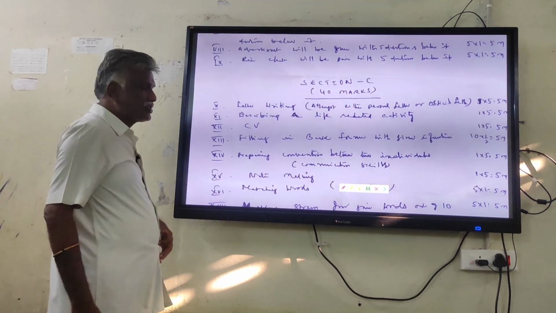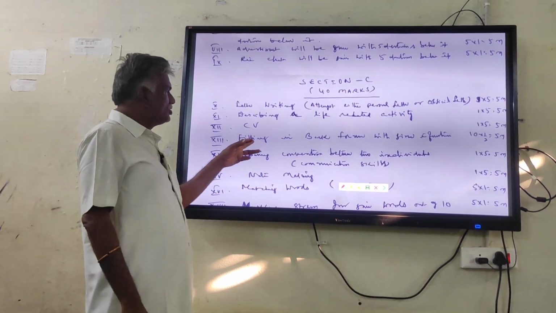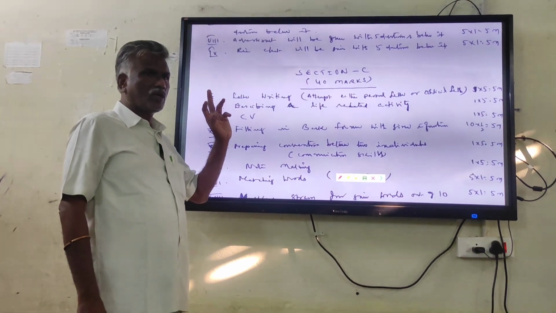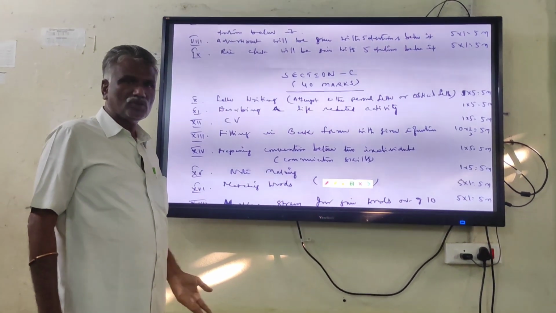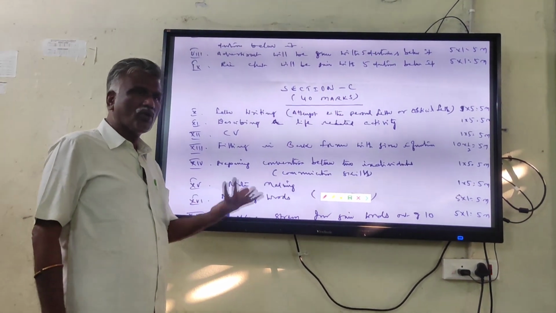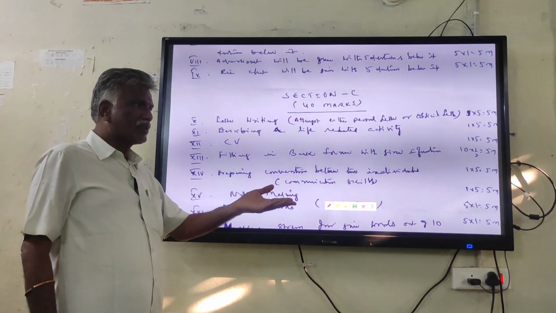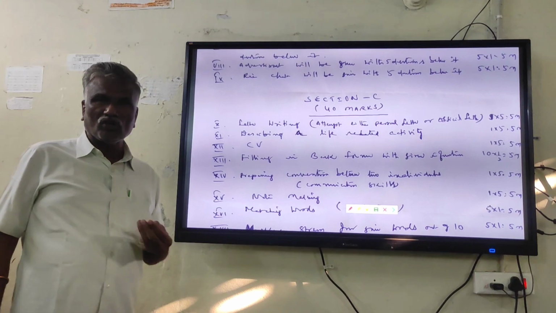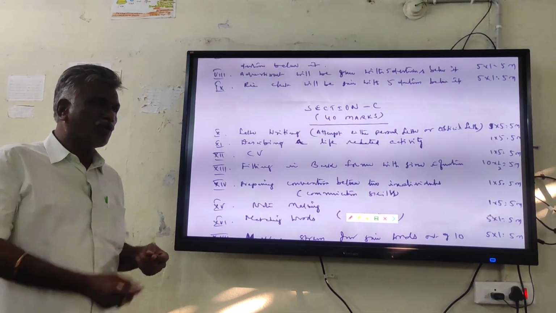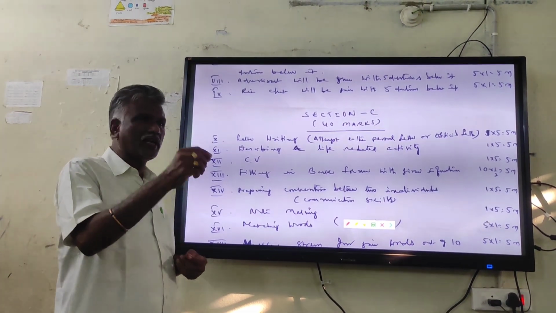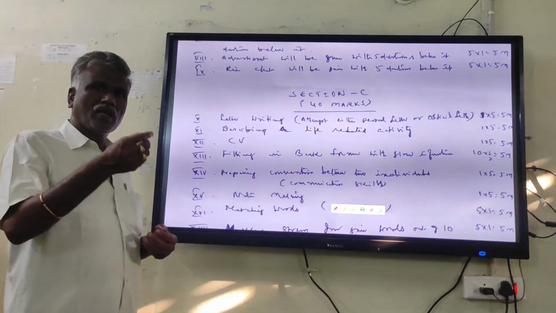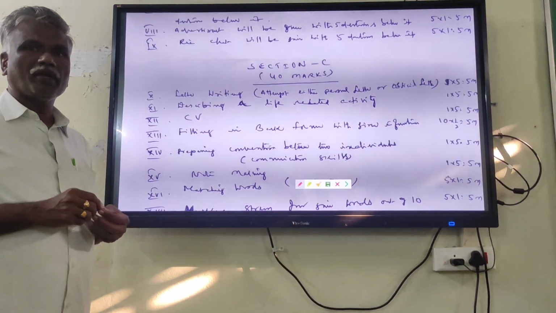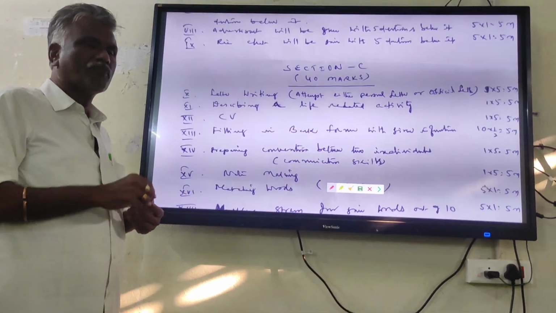Filling in bank forms. This is also very easy. Suppose you go to a bank, you want to draw money. How do you draw money? First you ask for a withdrawal form. You take it and you fill in all the details, understand: date, account number, your account holder name, next how much money you want.